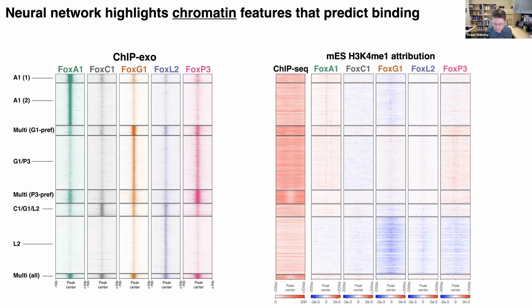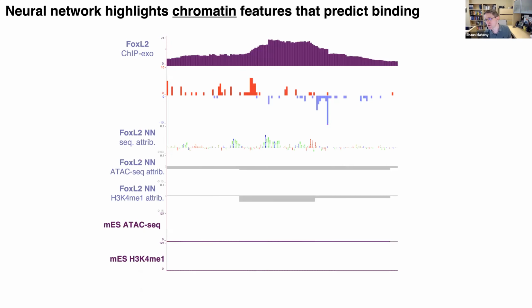So just as one example here, I wanted to focus in on one particular transcription factor binding site. This is a site that's bound by FOXL2, but not bound by the other transcription factors. So you can see here's one view of the ChIP-exo data, which shows that it's bound by this particular factor. The neural network predicts that this should be bound by FOXL2, and it's doing so mostly based on the sequence contribution here.